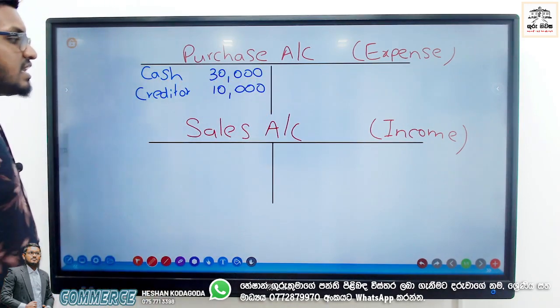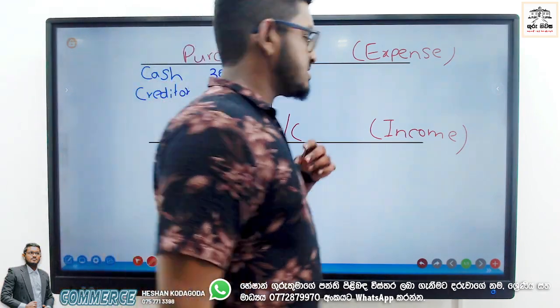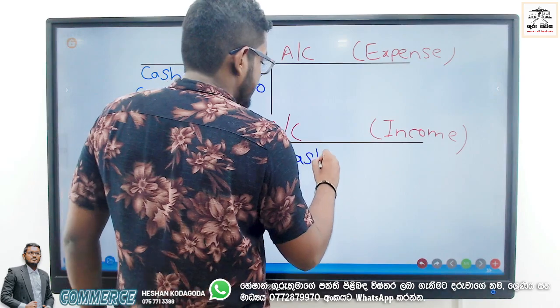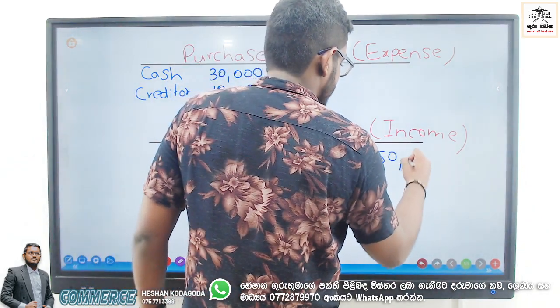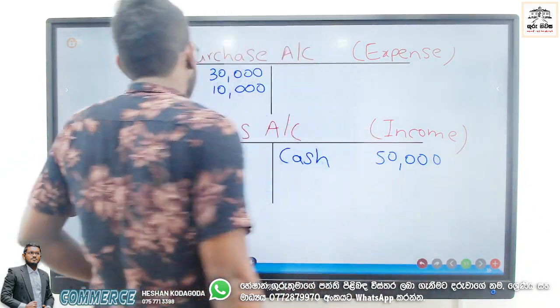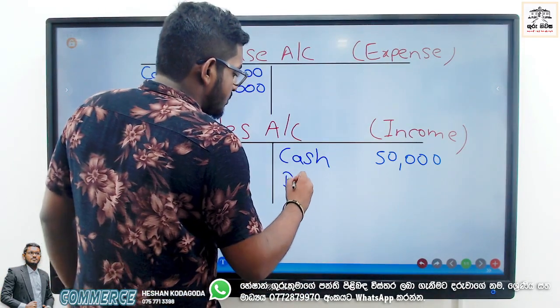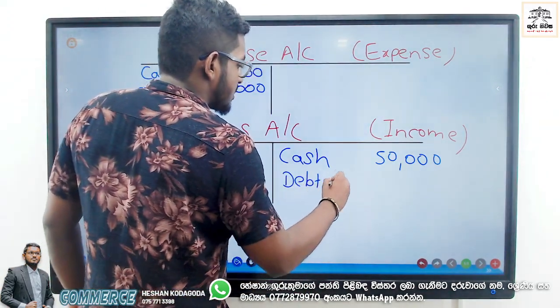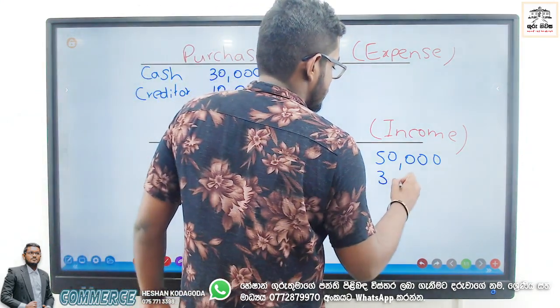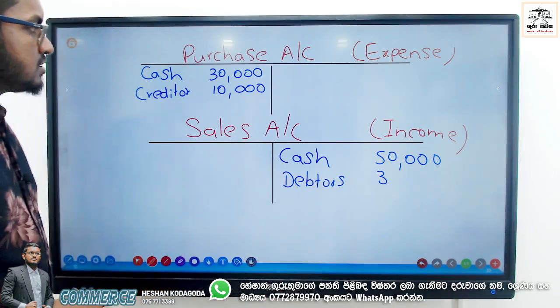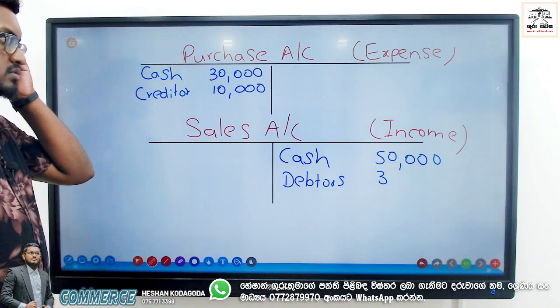When we sell our stocks on a cash basis, cash book debit, sales account credit, think it's 50,000. When we sell on a credit basis, debtor account debit, sales account credit, think it's 30,000.